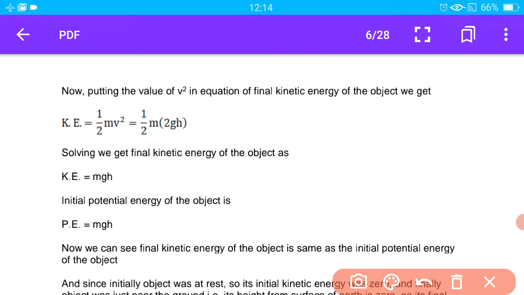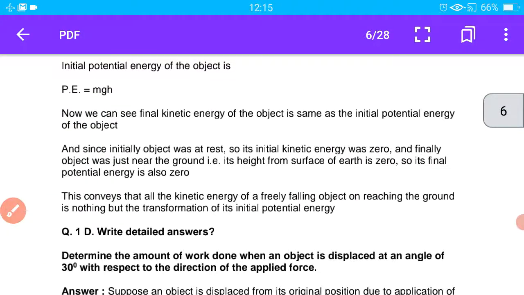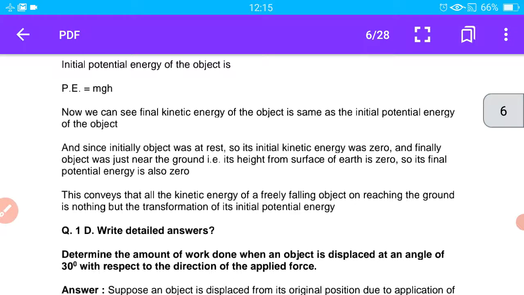And the initial potential energy of the object is potential energy equal to mgh. Now we can see the final kinetic energy of the object is the same as the initial potential energy of the object.